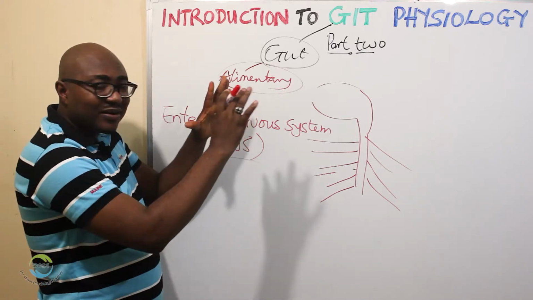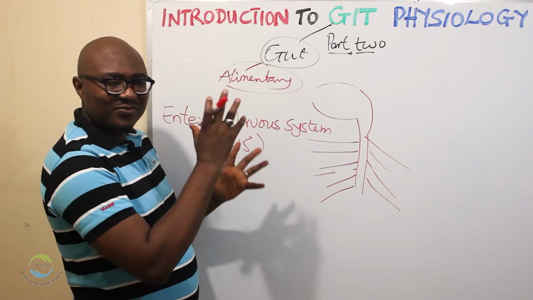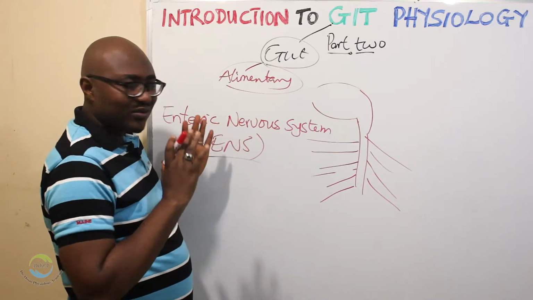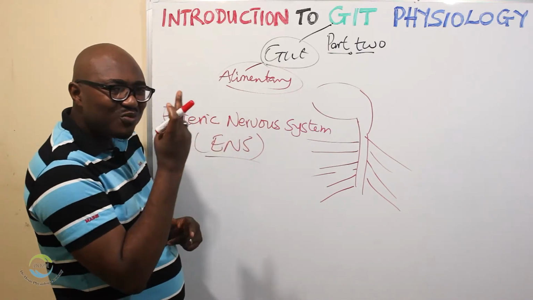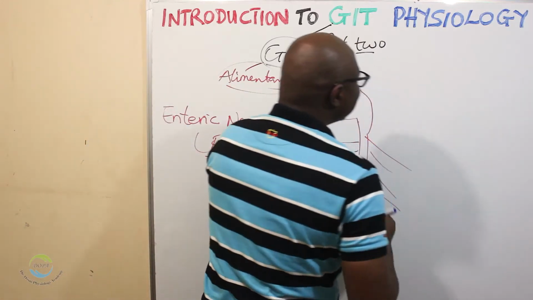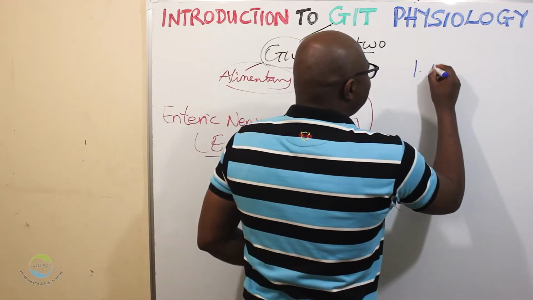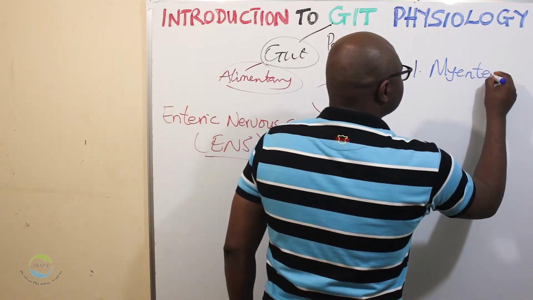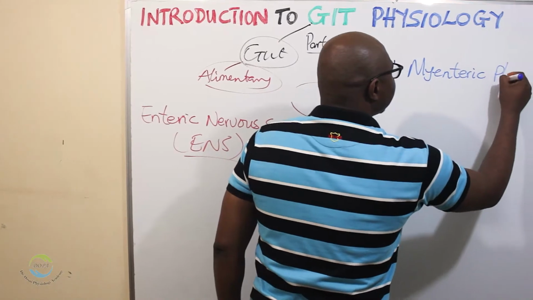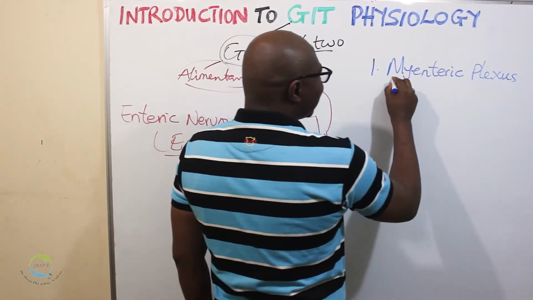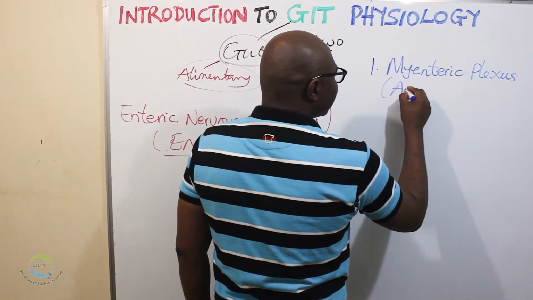When we were talking about the layers of the GIT in part 1, we mentioned 2 plexuses. If you can remember, one of them is the myenteric plexus, also known as Auerbach's plexus.